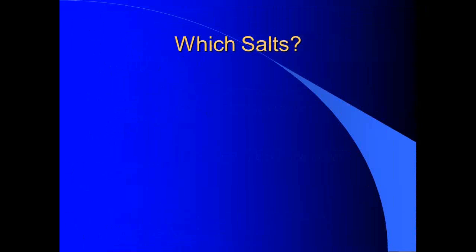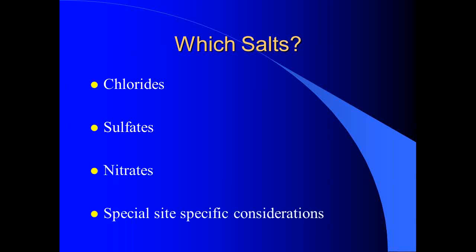They cost time and time again. We've tracked cost and found that to go in and redo a job is 5 or 6 times the cost per square foot of when you did it the first time. Actually, it's more than that. Which salts? Typically chlorides, sulfates, nitrates, and special site considerations.